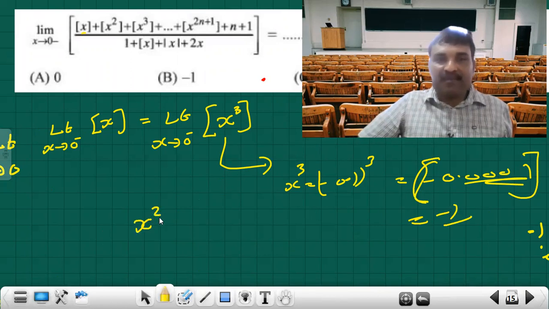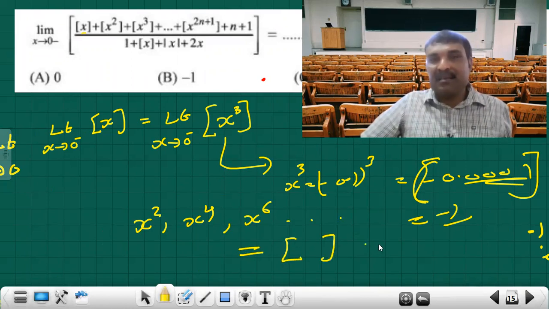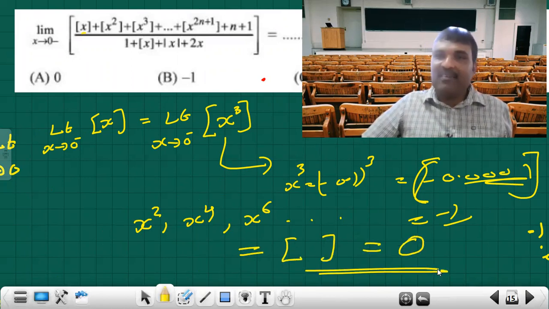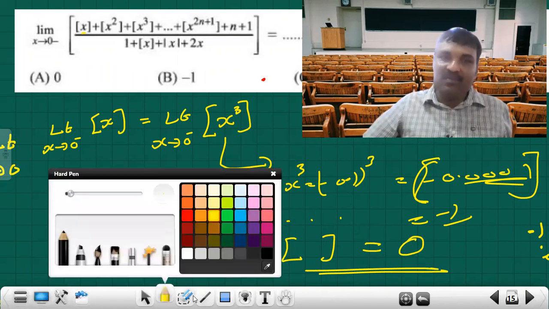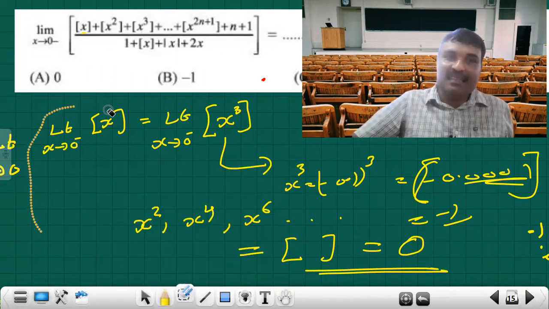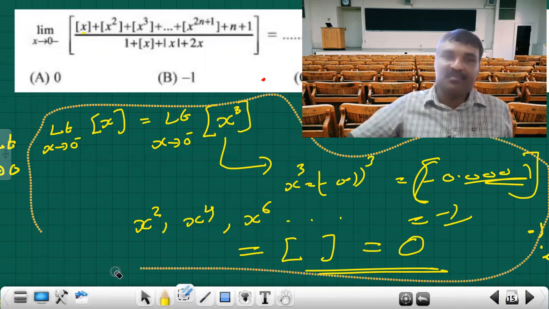Then for x square, x raised to 4, x raised to 6 and so on, the value of the box becomes 0. When n is odd, the value becomes minus 1. I think it is clear, right?